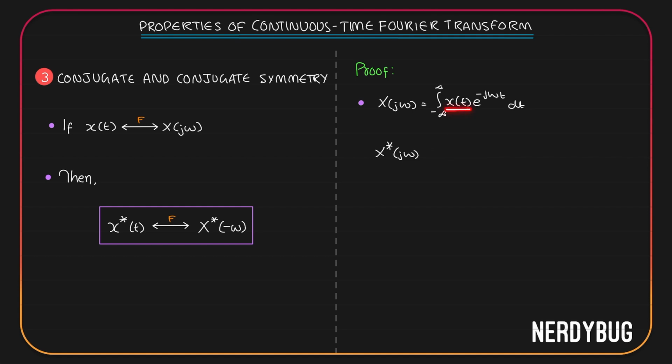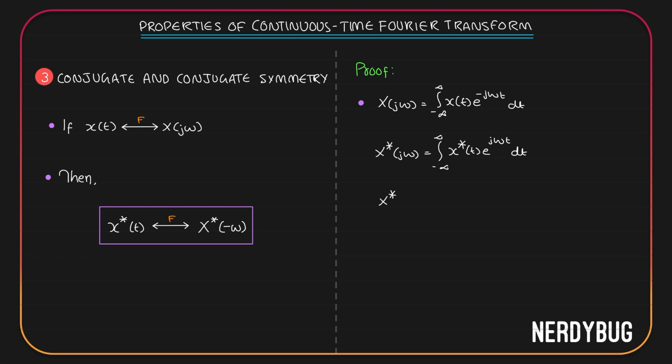But we don't know if x of t is complex or not. Assuming x of t is complex, x of t will also be taken as x conjugate of t. So this becomes integral from minus infinity to infinity x conjugate of t e raised to plus j omega t dt. x of t became x conjugate of t, minus j became plus j.